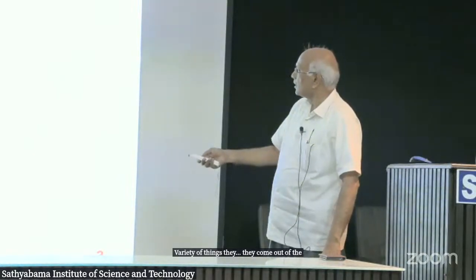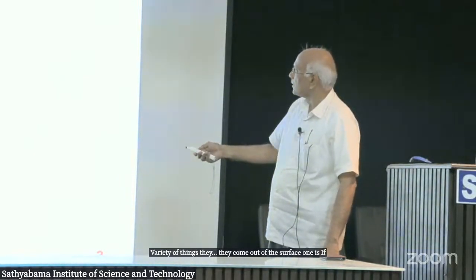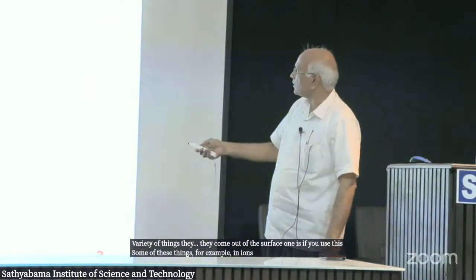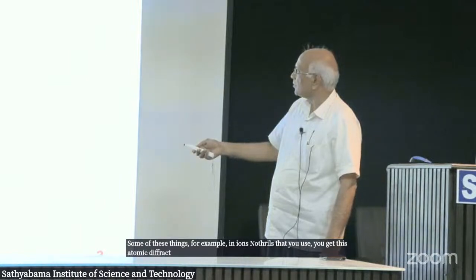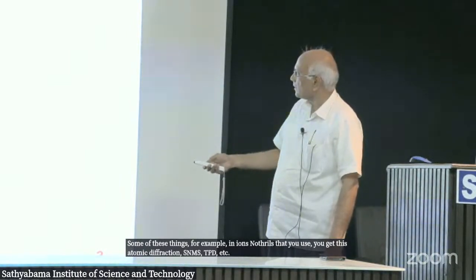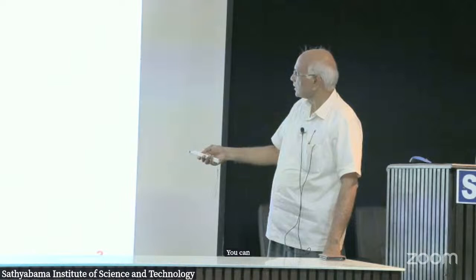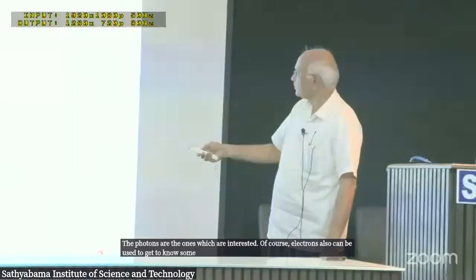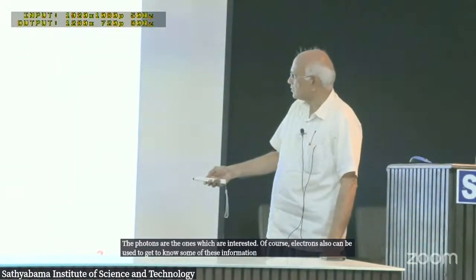If you use some of these, for example ions and neutrals, you get atomic diffraction, SNMS, TPD, etc. The photons are the ones we are interested in. Of course, electrons also can be used to get some of this information. But what we are interested in is the photons.